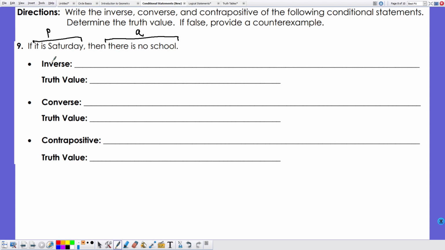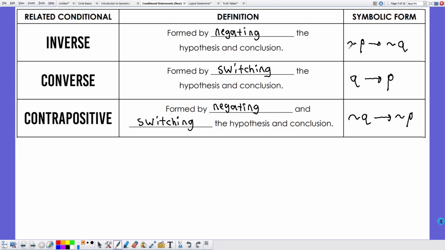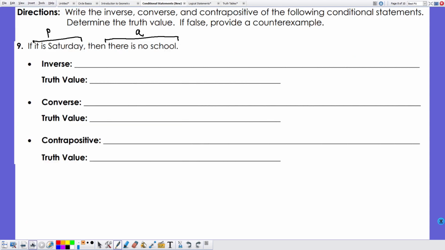Using this, we can just follow the symbolic notation of all of them. So let's look at the inverse. That is symbolically not P implies not Q. So if we negate the statement P, we would say, if it is not Saturday.